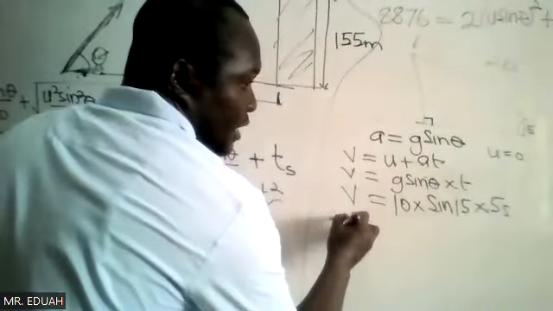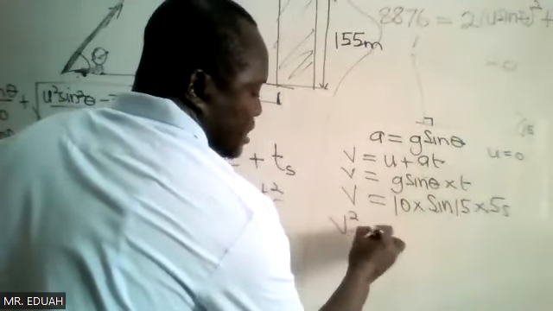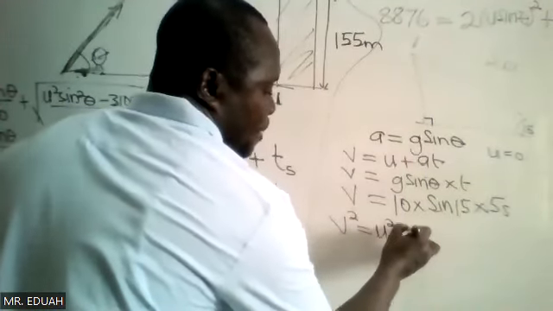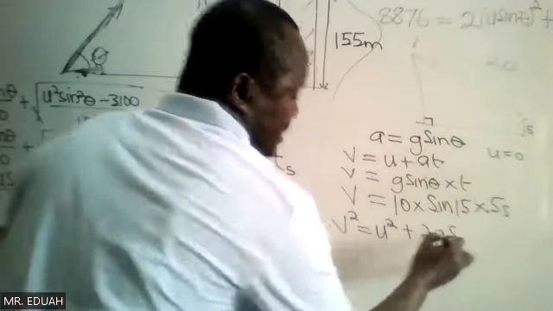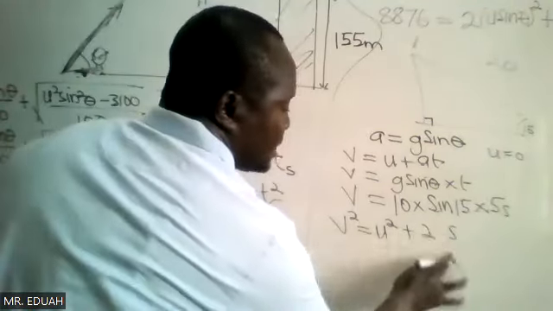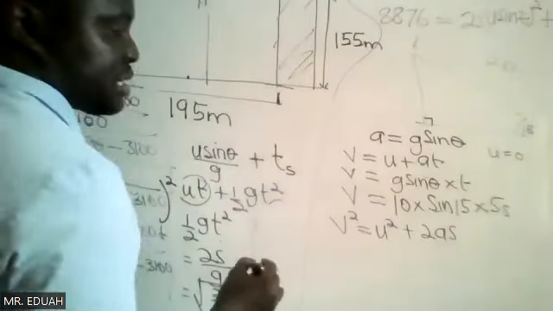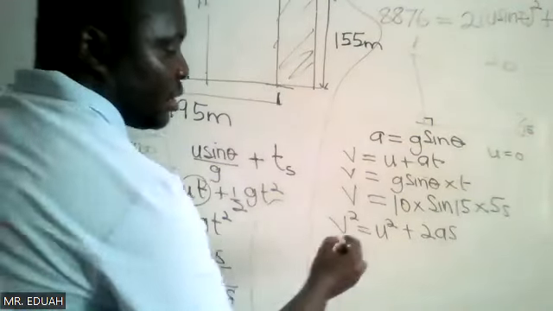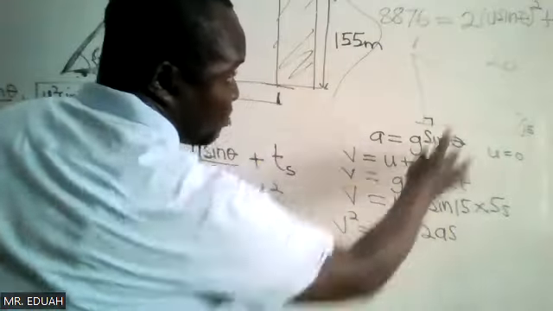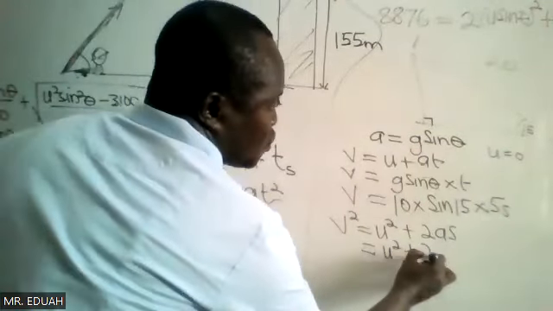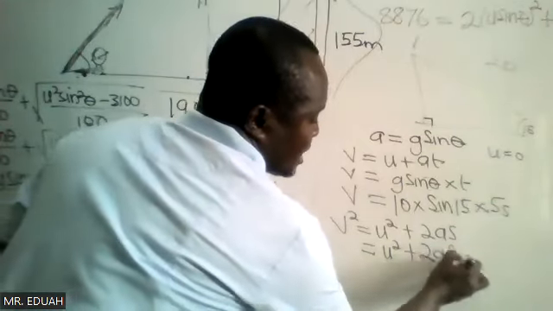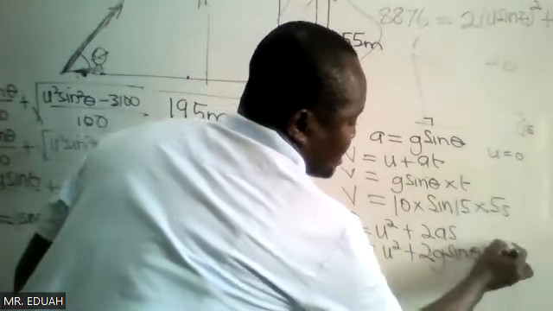Using v squared is equal to u squared plus 2as, and a must be g sine theta, because the body accelerates not by gravity, but by this expression. So u squared plus 2g sine theta times s.